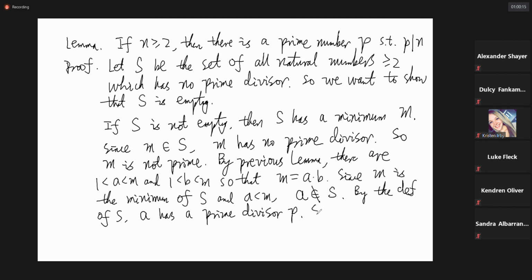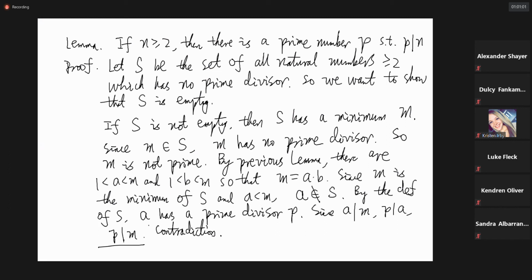But since a divides M and p divides a, the transitivity property tells us p divides M. But this is a contradiction since M has no prime divisor, but you proved that p is a prime divisor of M.